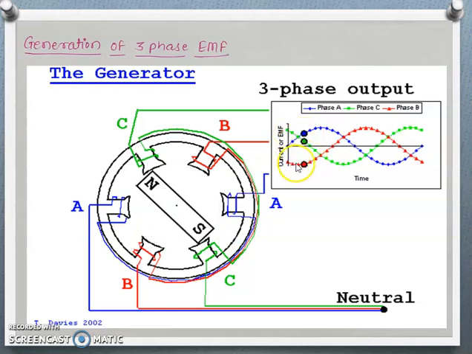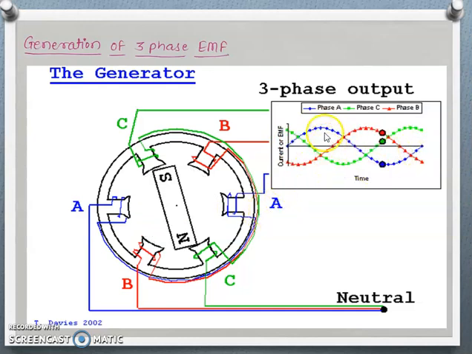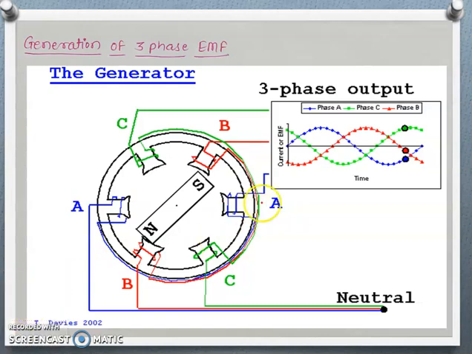This red one is for this coil, this blue one is for this one, and this green for this C coil. So when we place the 3 coils inside this magnetic field produced by this magnet, we will get these three waveforms, which are known as phase A, phase B, phase C, and which is known as 3-phase output.